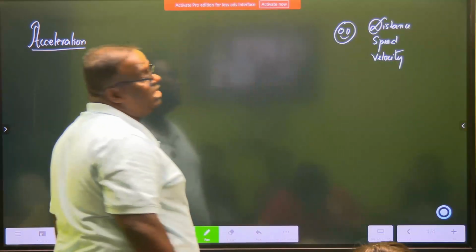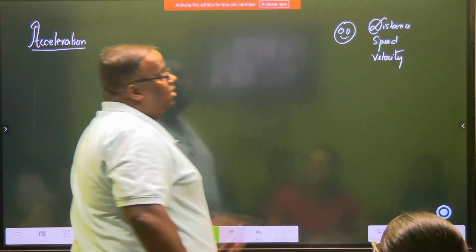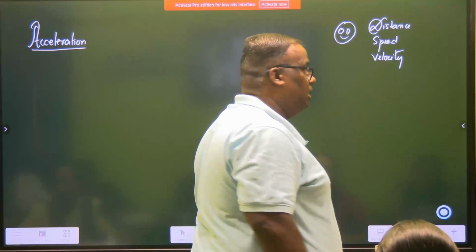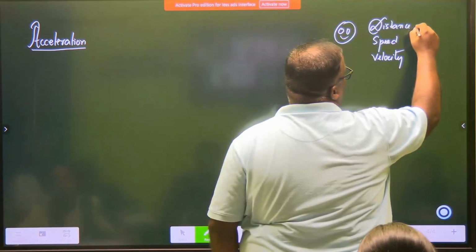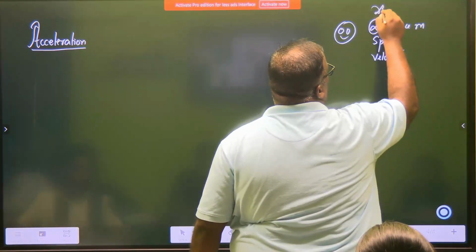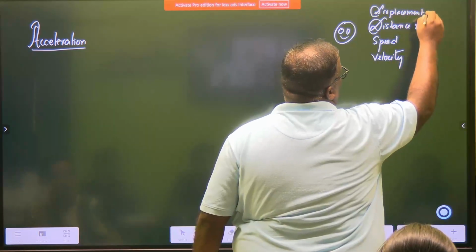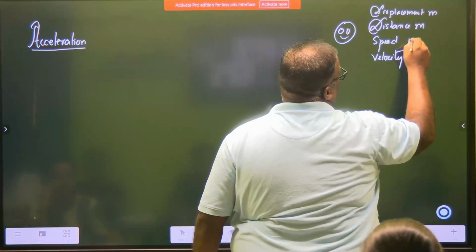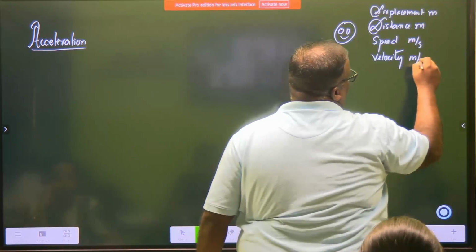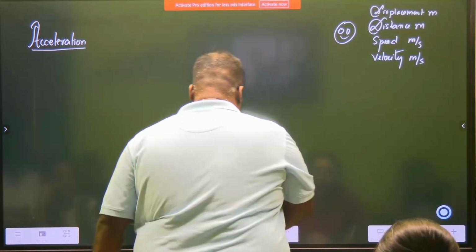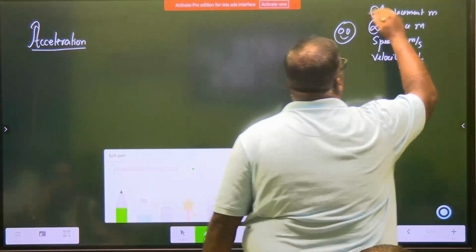These are three characters that you have studied. Scalar, vector. Agreed? Unit, meters. Oh, you also studied displacement. This is also meters. Speed is meter per second. Velocity is also meter per second. However, in grade 9, we will be more dealing with this.